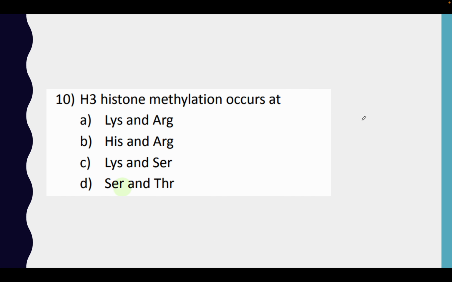H3 histone methylation occurs at which of these amino acid residues? Option B. C, ma'am. C. Yes, ma'am. H3 histone methylation.